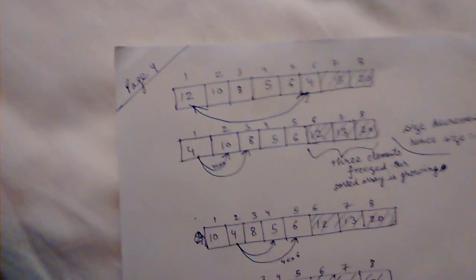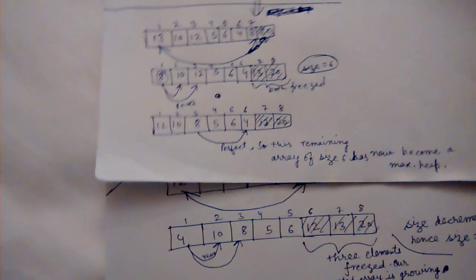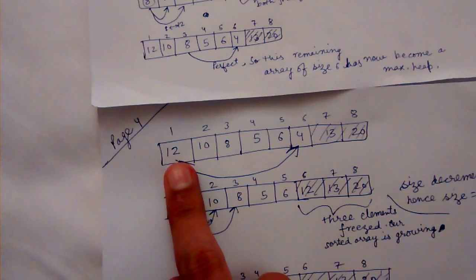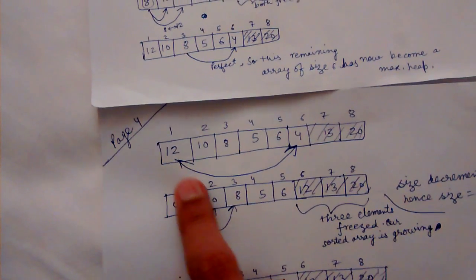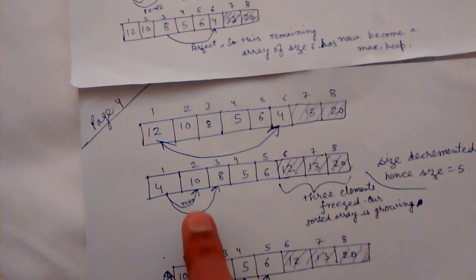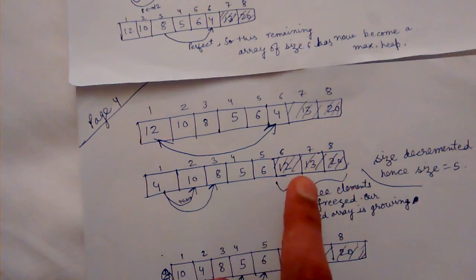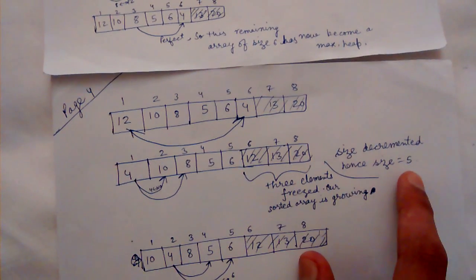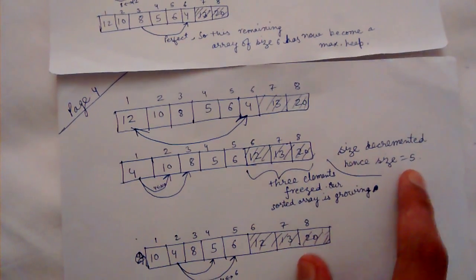Okay, so we were somewhere here. Now we come here. So what we do is we swap the first element with the sixth element. To get this, we decrement the size, hence size is equal to 5 now.